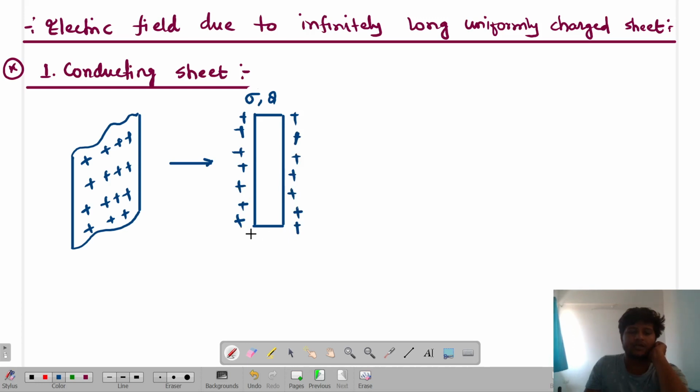So tell me, what will be the electric field due to this? When I consider the conducting infinite sheet, the electric field on the top side, the normal is working in that direction, and in the back side also, in that direction only my normal is there, isn't it?